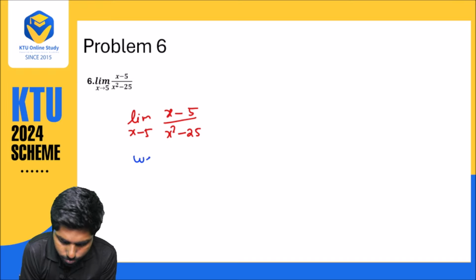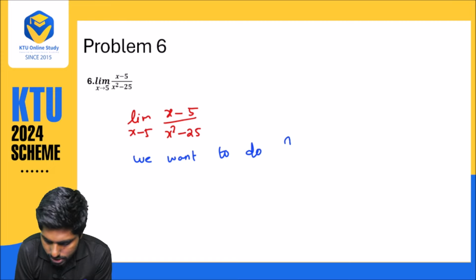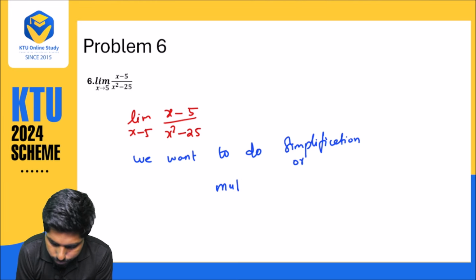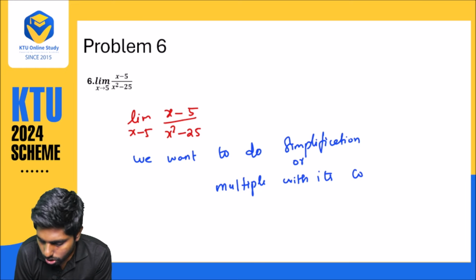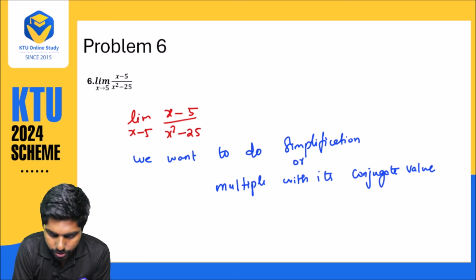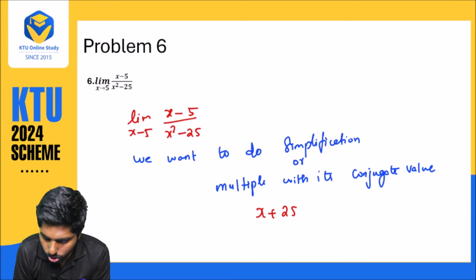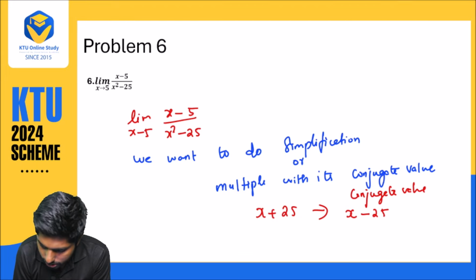We want to do either simplification or multiply with its conjugate value. Everyone knows the conjugate value. What is the conjugate value? For example, if it is x plus 25, the conjugate value is x minus 25. See, the sign is changing.